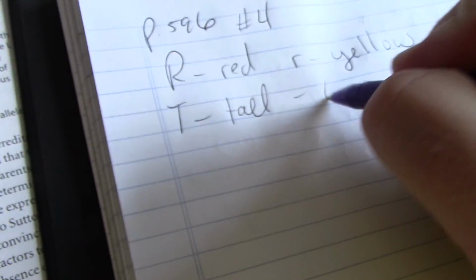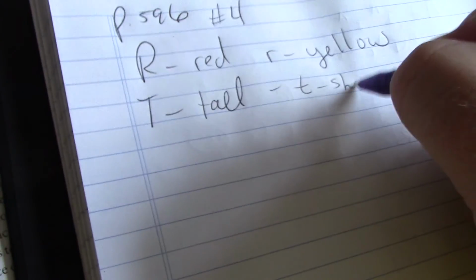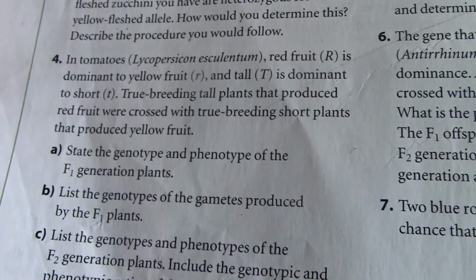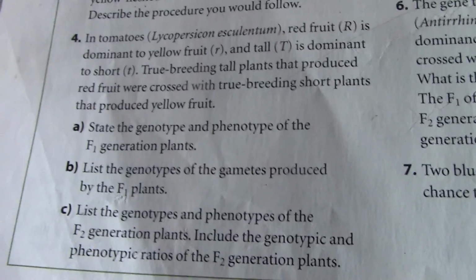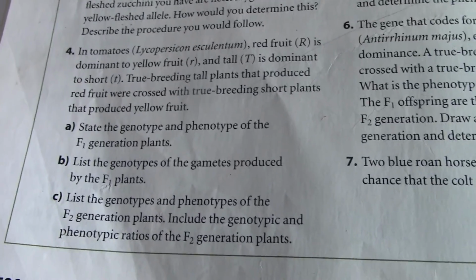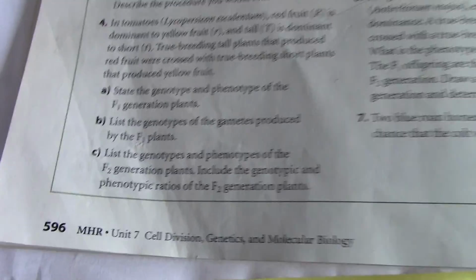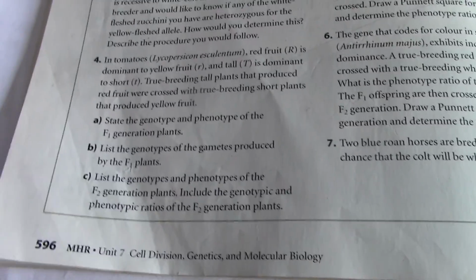And tall is dominant to short. So little t is short. So the question says, true breeding tall plants that produce red fruit, so you have tall and red plants, were crossed with true breeding short plants that produced yellow fruit.